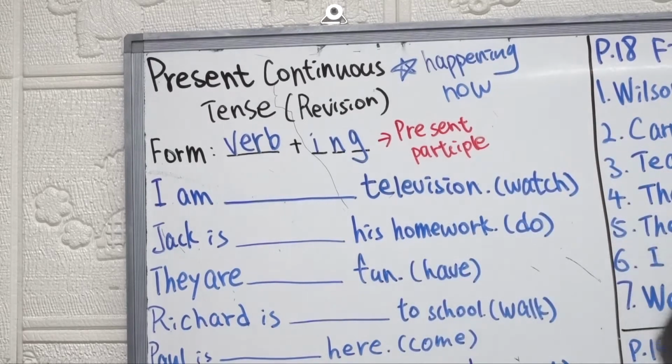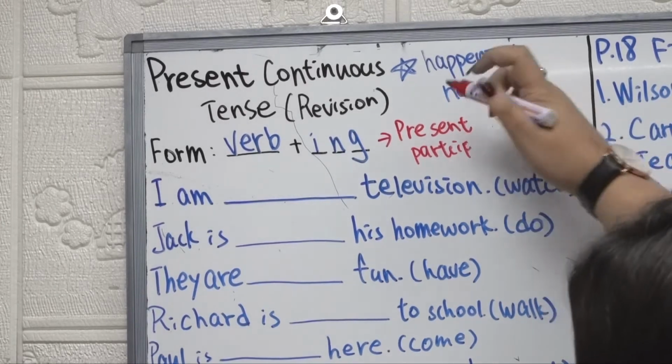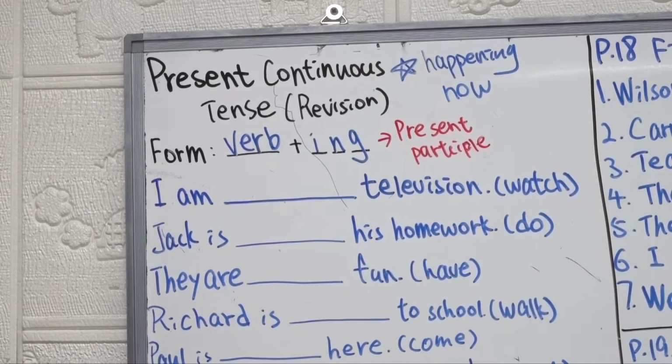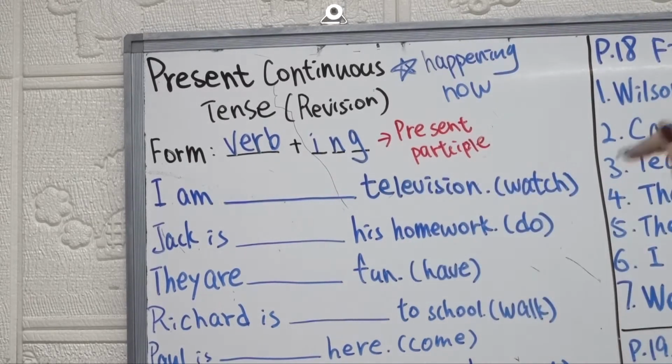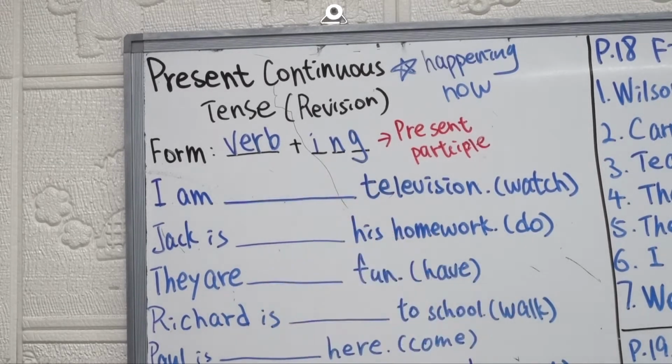How do we form present participle? This is how we form present participle: verb and ing. Remember that. Verb ing is called present participle. Present continuous tense is used when something is happening right now, and the way we form it is we add verb and present participle, ing.